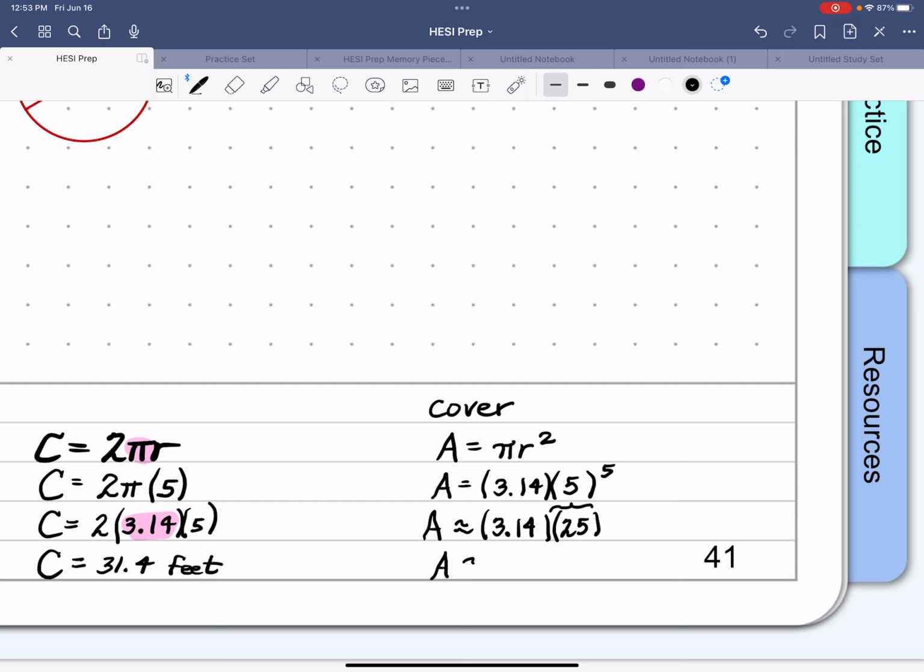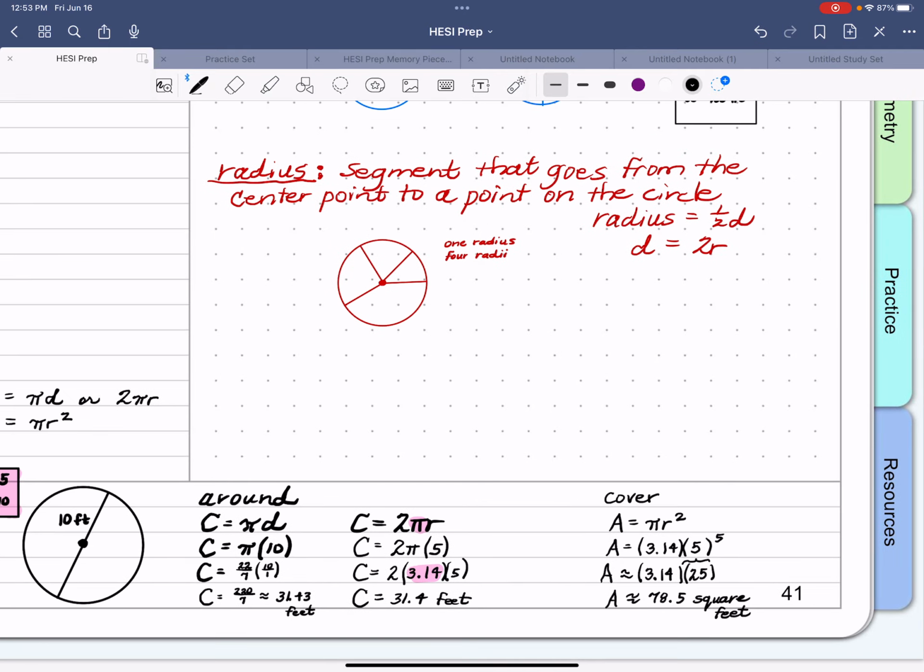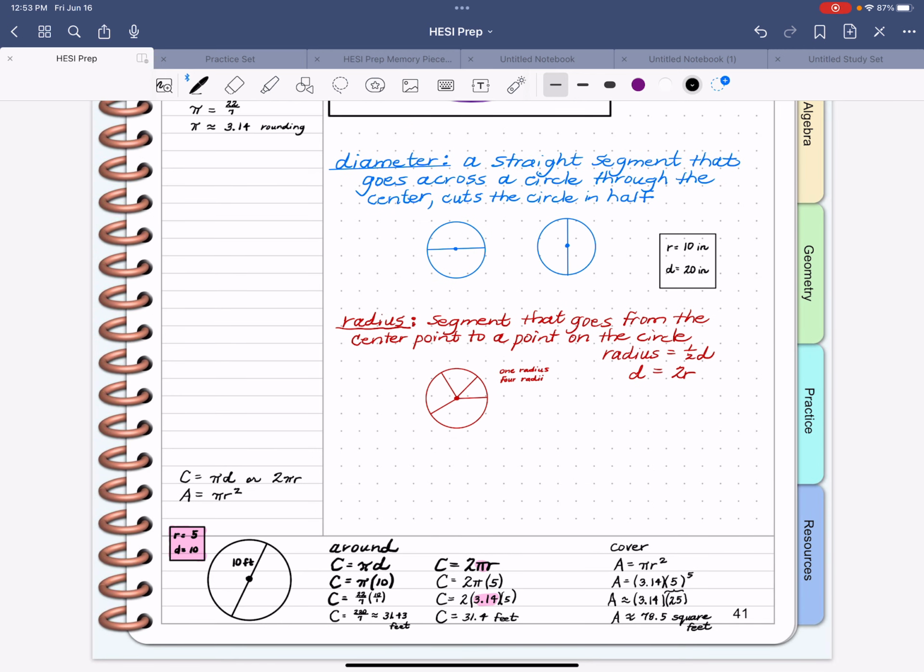So the area is approximately 3.14 times 25, or 78.5 square feet, because we are covering a surface, not simply walking around it. Circumference is linear feet. Area is square feet. And those are the formulas that you would use for a circle.